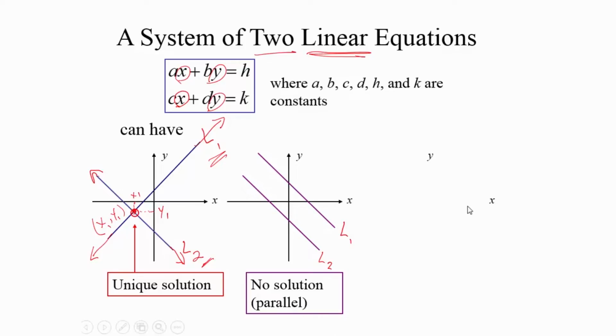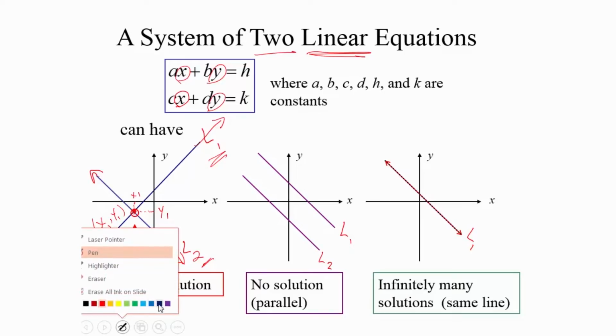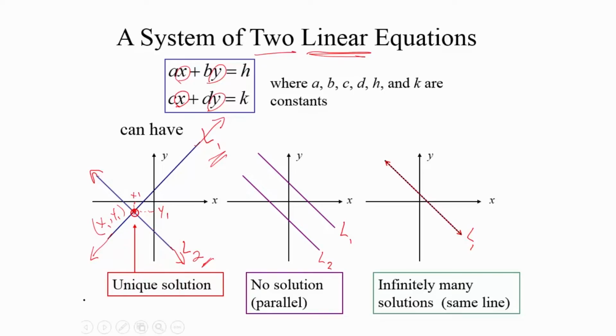The third possibility, when you have a system of two linear equations, is when the two lines L1 and L2 are right on top of each other, so they have many common points, infinitely many solutions.